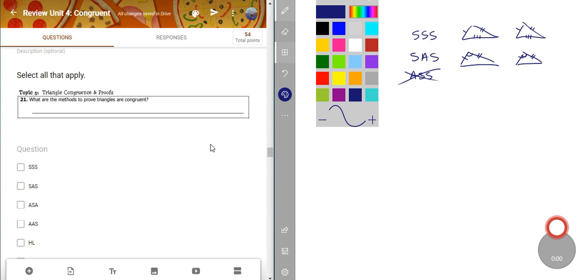If you have an angle on the outside, for example, something like this, this will not prove things are congruent unless it is a 90-degree angle. If it's a 90-degree angle, this becomes a right triangle. Pythagorean's theorem allows us to prove the third side is congruent, and we call this the hypotenuse leg theorem. Okay?